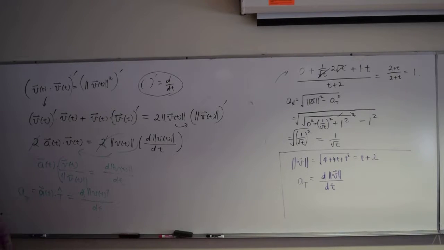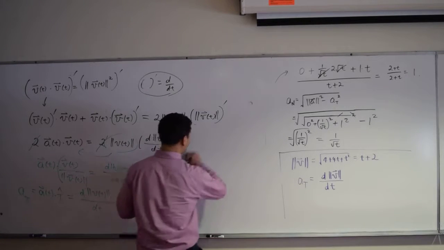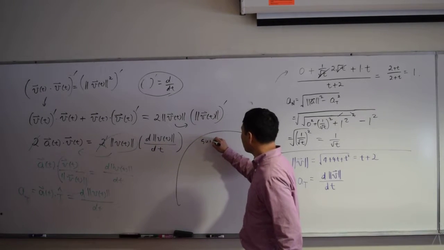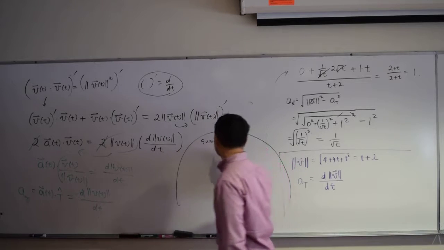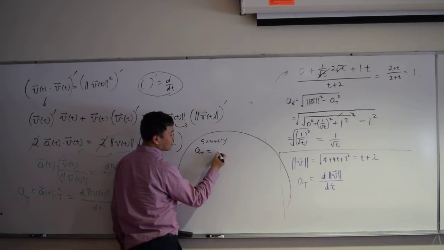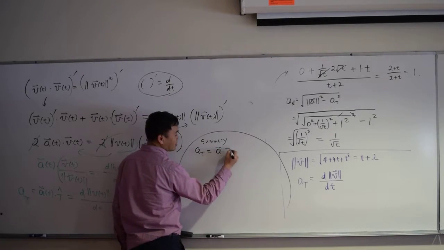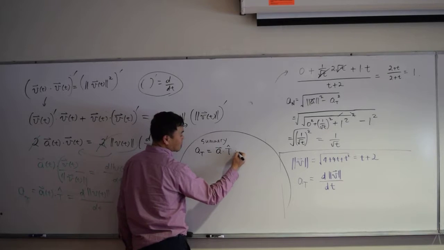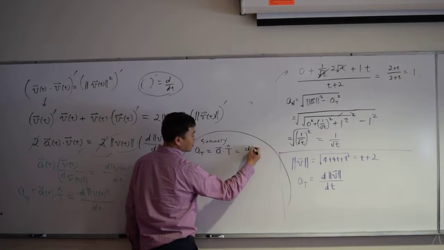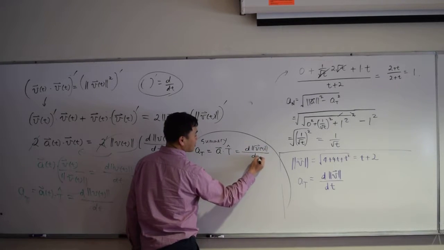And that's it. So to summarize the formulas that you need to know, let me put a summary here. AT has 2 formulas. You get to pick and choose which one's more convenient for you. It's either A dotted with T, or it's the speed, the norm of the velocity, differentiated by t. Okay?